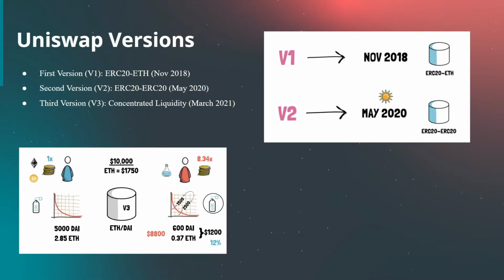Let's talk about its versions. First, Uniswap only allowed users to provide liquidity between ERC20 and ETH, which was created in November 2018. After that, in May 2020, they released the second version, which allows users to swap assets between ERC20 tokens and provide liquidity for them. Most decentralized exchanges forked this version of Uniswap, and now there are more than 200 forks of it.